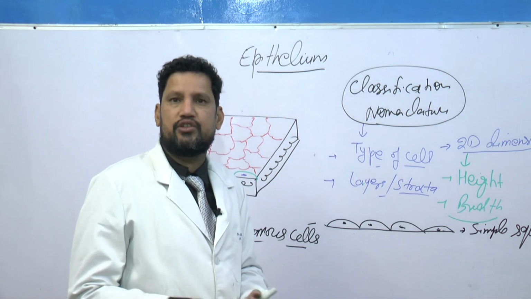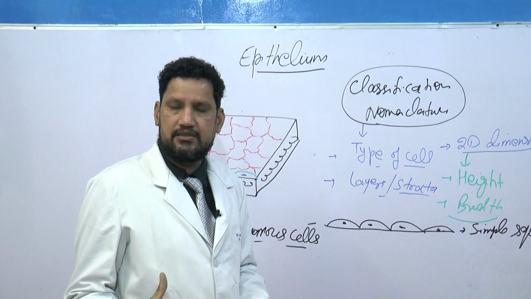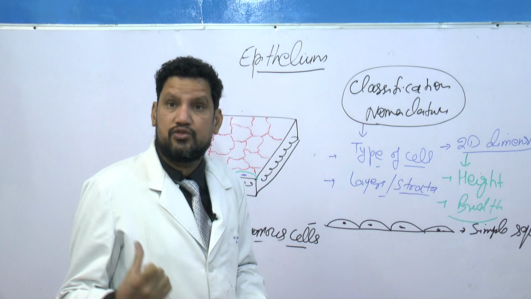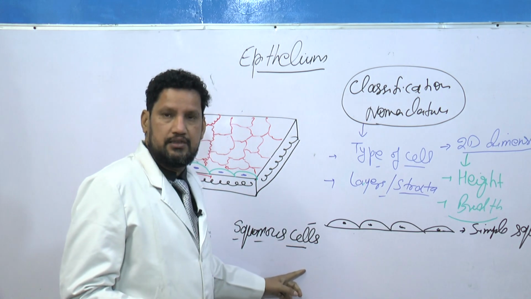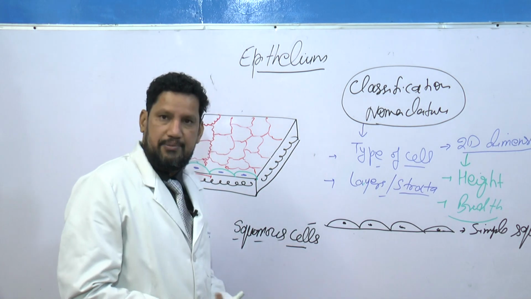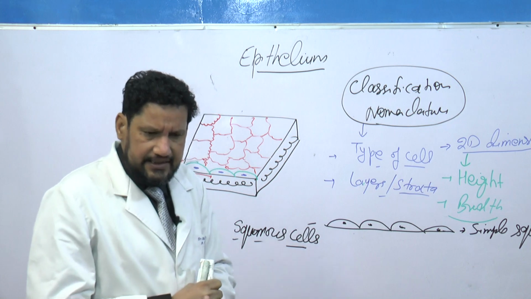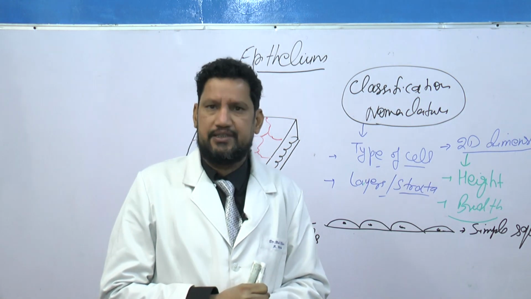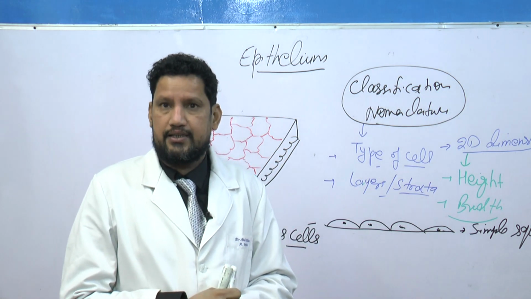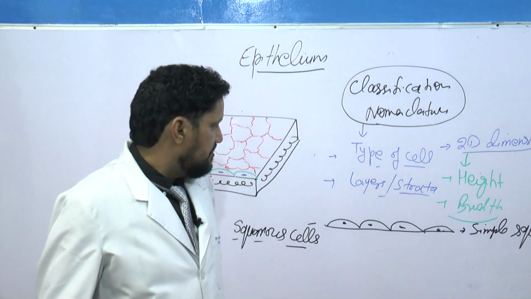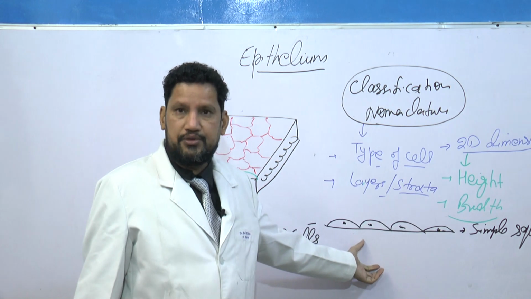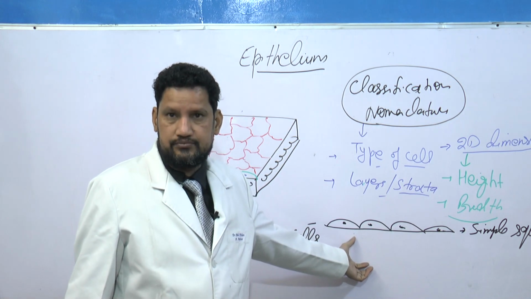Simple because there is only one layer. Squamous because the cells are flat. So this single layer of flat cells is known as simple squamous epithelium. Basically this type of epithelium is seen where the epithelia is involved in exchange of fluids, molecules or gases.